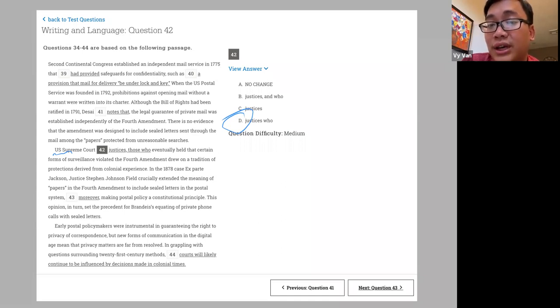Well, it's kind of easy. So you don't need to use a comma here. If you use a comma here, after those who eventually held that certain, it would signal that this is non-essential, an appositive. But this phrase is actually essential. We want to talk about the specific type of justices. Who are those? Those are the ones that eventually held that certain forms drew on tradition. So D is correct.